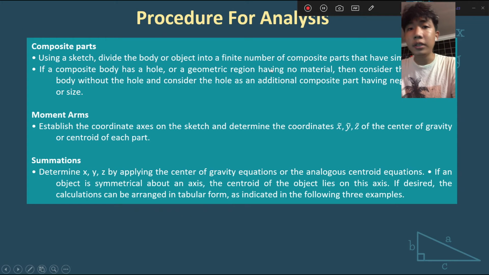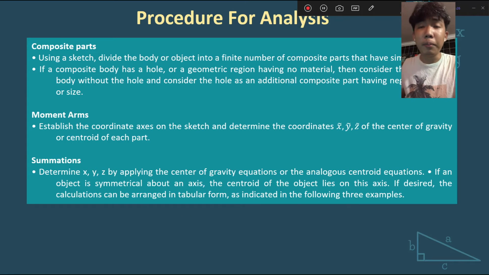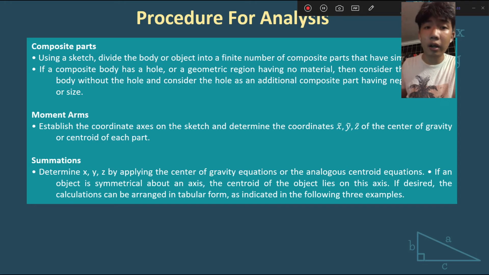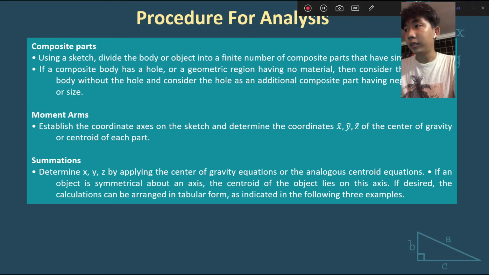For the procedure of analysis for the composite parts, we should use a sketch, and divide the body or object into a finite number of composite parts that are easier for us to understand. The composite parts can be geometrical shapes that are simple for finding the center of gravity. Then we subtract the other parts to get the original parts back.